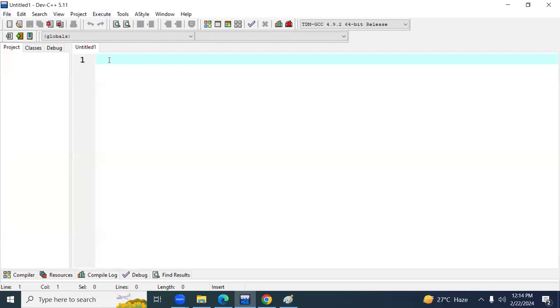And in the first line, I'm typing your first program of C. The first line always starts with hash include. I'll tell you the meaning of this; everything I'll mention, don't worry. Hash include, then in angular brackets we need to write stdio.h. Now I'm going to tell you what this is. This is nothing but a header file.